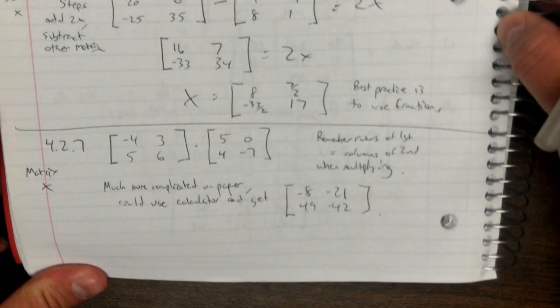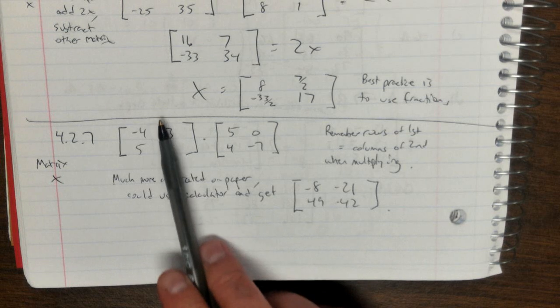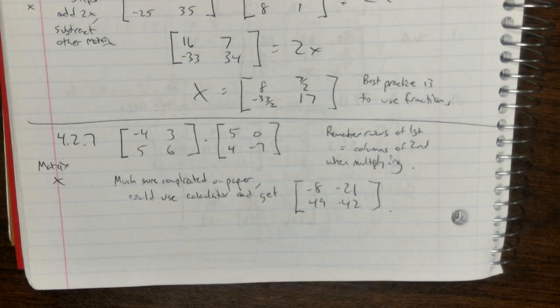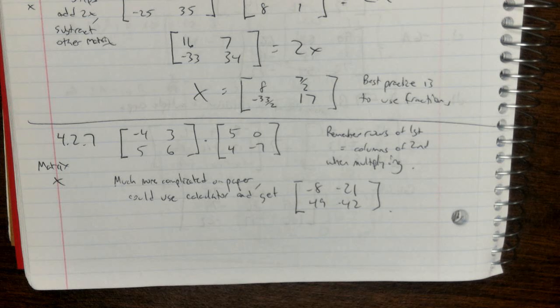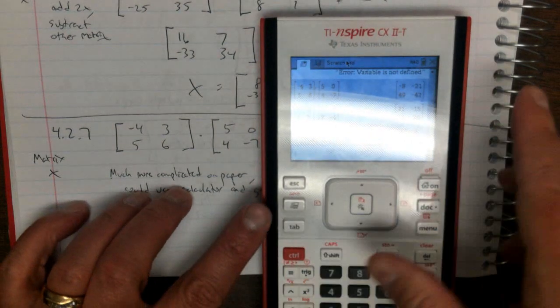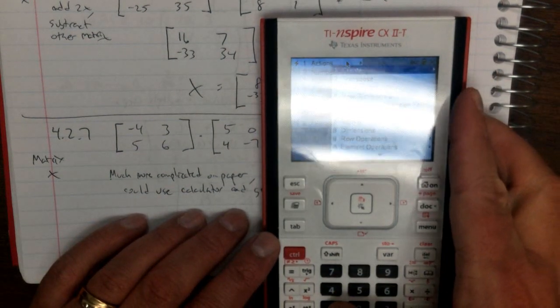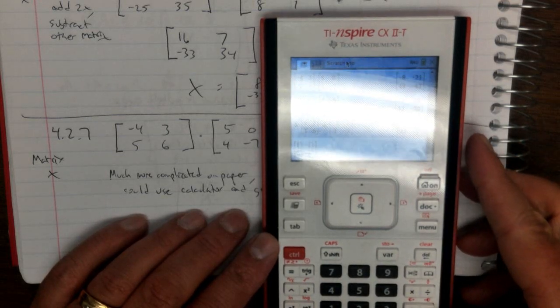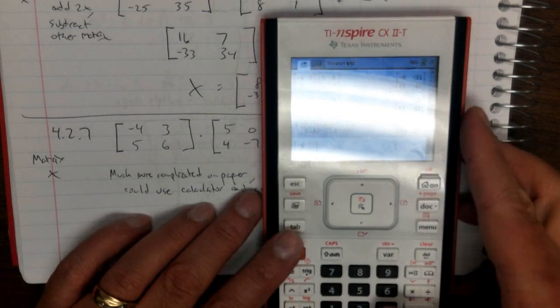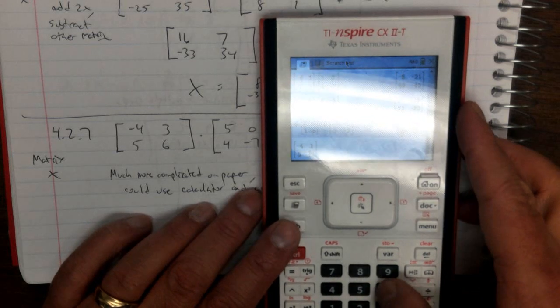But starting with this, this one is going to be much more complicated on paper. And so I honestly would just use your calculator. And you're basically just doing menu 711, 2x2. You got negative 4, 3, 5, 6.